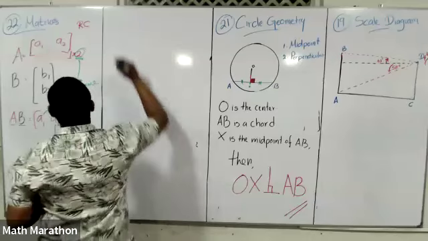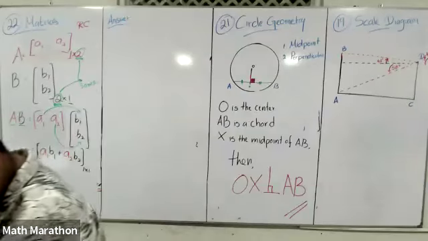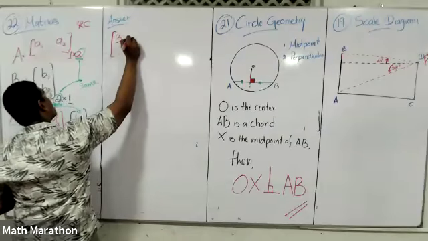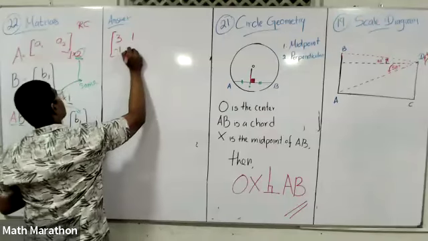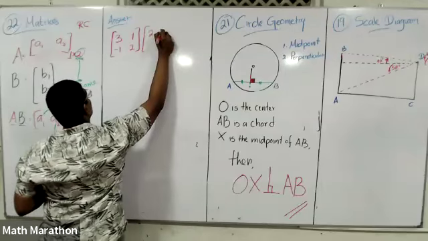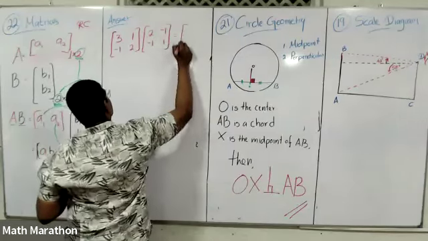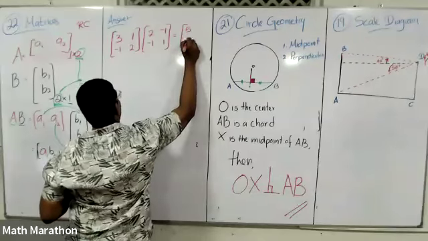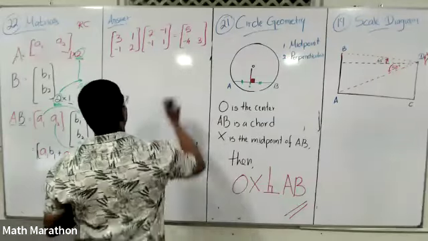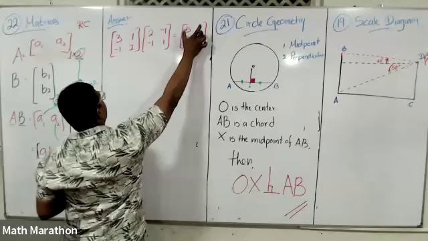Similarly, for what we have got: 3, 1, minus 1, 2, multiplied by 2, minus 1, minus 1, 1, equals 5, minus 4, 3 and x. I need this value.